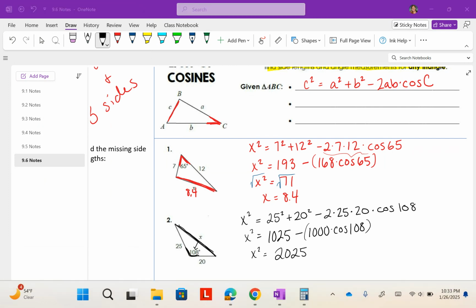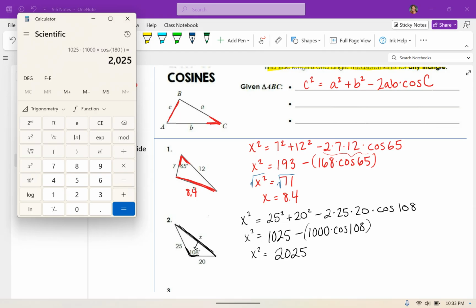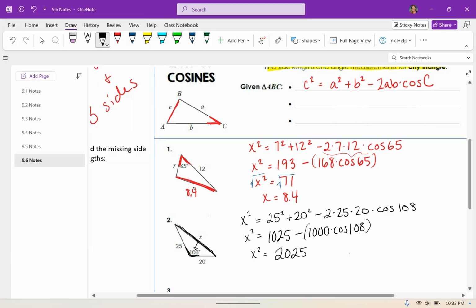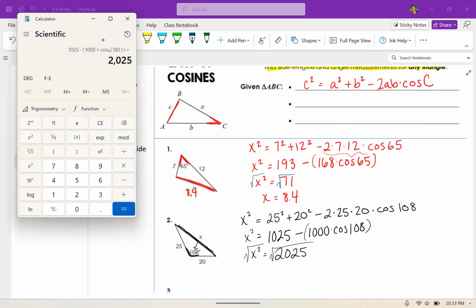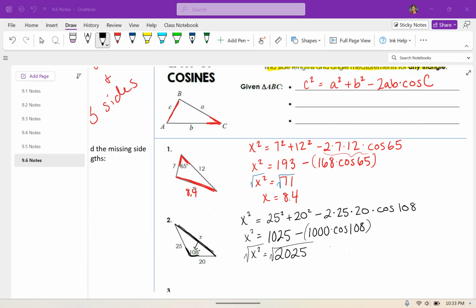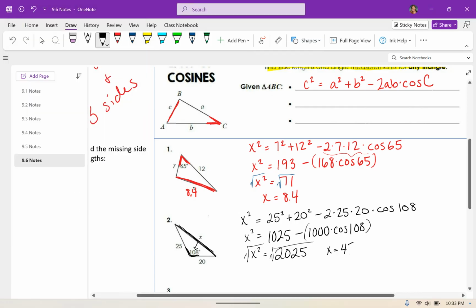And we will take the square root. You guys remember how to get rid of squared is to take the square root, and hopefully this gives us a reasonable number. 45. So this is not right. I guess we did something wrong, and I bet it was in our calculations in step 2, this step right here.